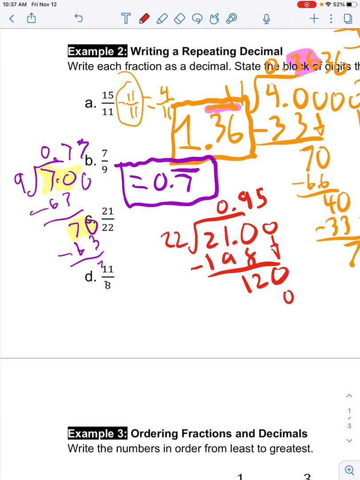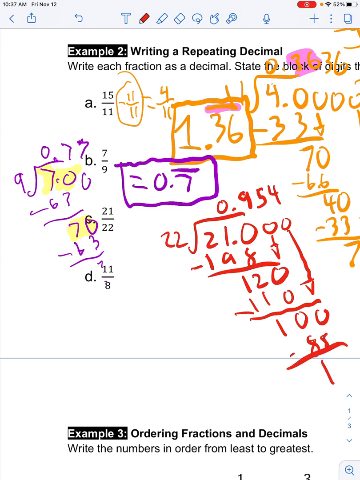How many times does 22 go into 120? 5, 10, oh, let's see here. 10, 11, 20 goes into there 4 times, and now when we do this, we get 88.